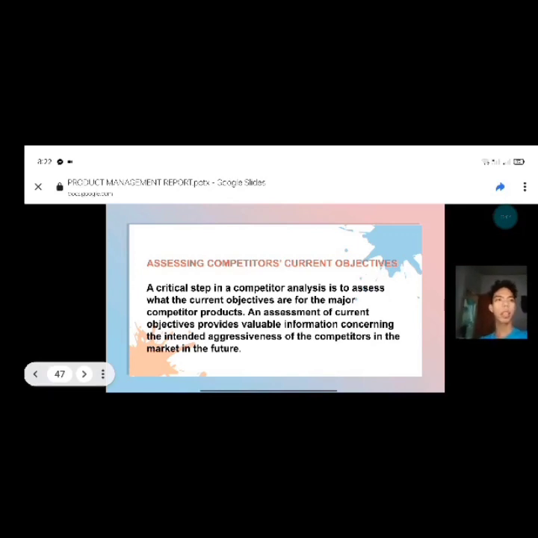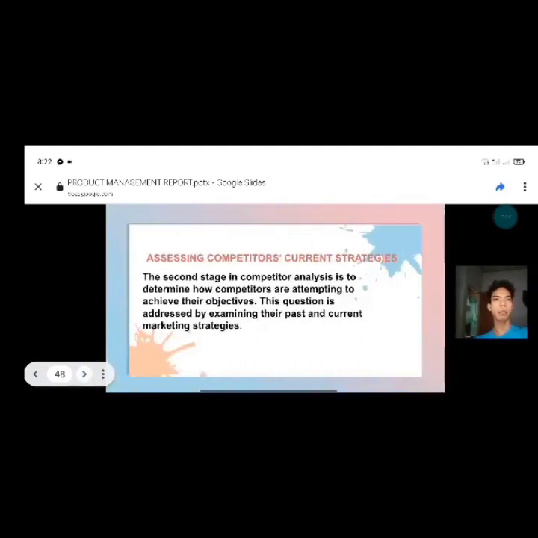Sinabi natin ang SWOT analysis: strengths, weaknesses, opportunities, threats. Dito papasok sa assessing competitors' current objectives. This is the second stage of competitor analysis, to determine how competitors attempt to achieve their objectives.